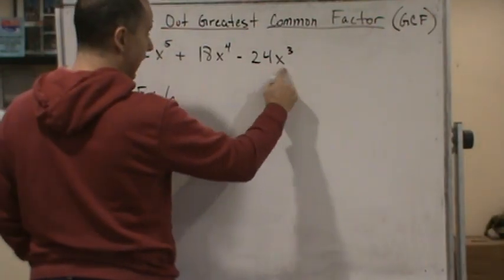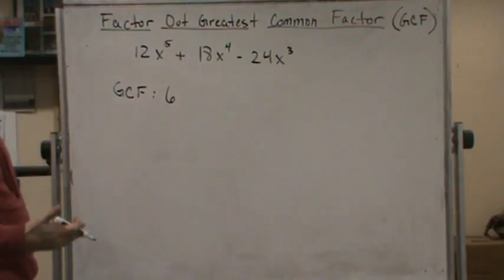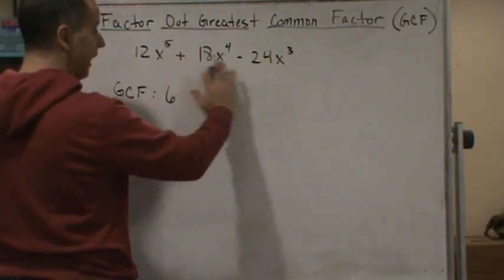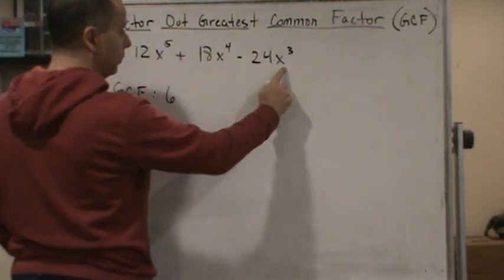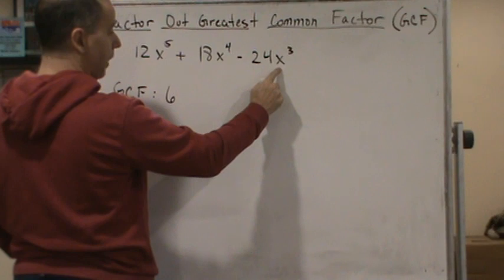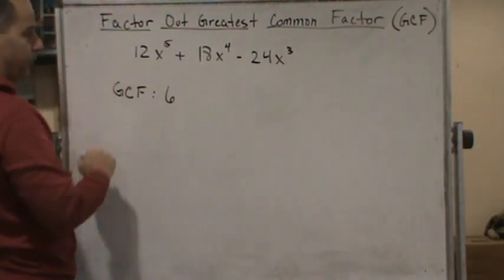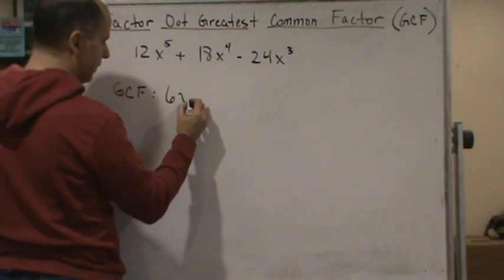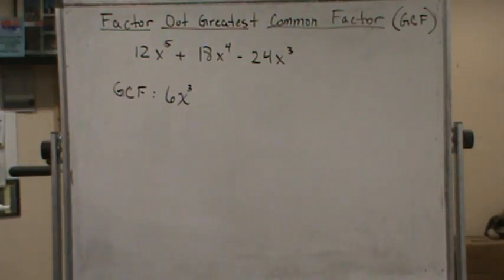Here we've got 3 x's multiplied together. So what's the largest number of x's that we can divide out of all of these? In that case, it's going to be 3. We're limited by the exponent 3. We can only factor out a maximum of 3 x's here, 3 x's here, 3 x's here. So that means we're going to put x cubed. So the greatest common factor is x cubed.